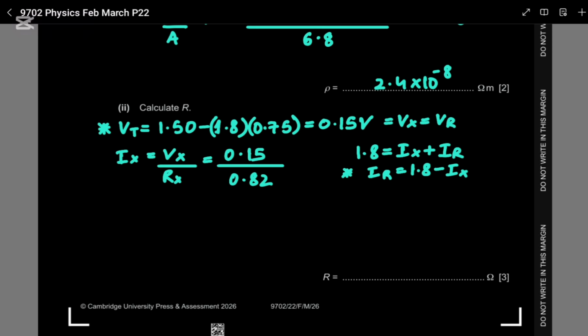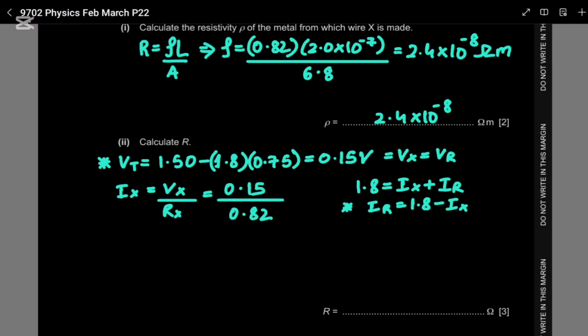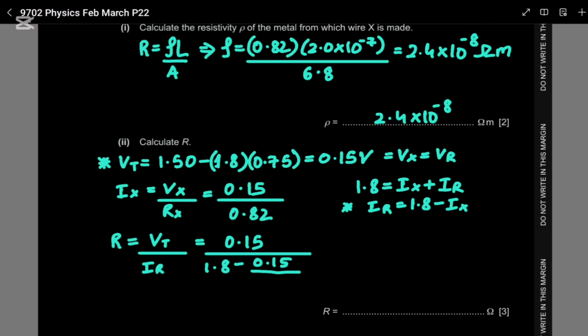Now from there we can find R. R is going to be V terminal over IR. So the terminal voltage, which is 0.15, over IR, which is 1.8 minus 0.15 over 0.82.